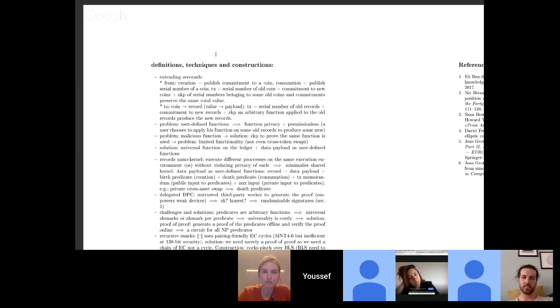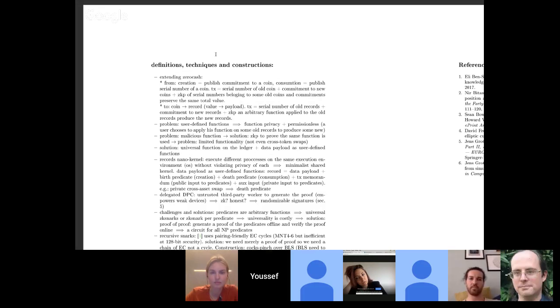The starting point of ZEXE is to extend the Zerocash protocol. The Zerocash protocol, as implemented for example in Zcash, is in production for the time being, but it is working only on some Bitcoin-like blockchain. You have a coin, a fungible token, and in order to publish a coin, you publish the commitment to a coin, and in order to consume the coin, you publish the serial number of a coin.